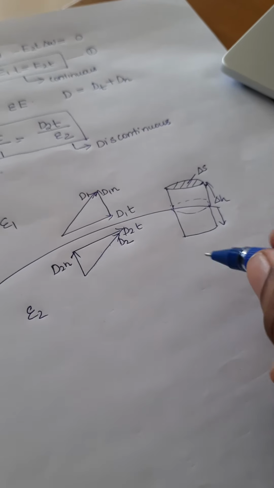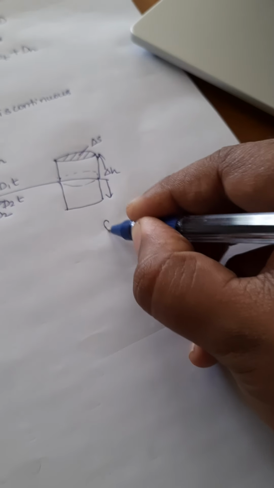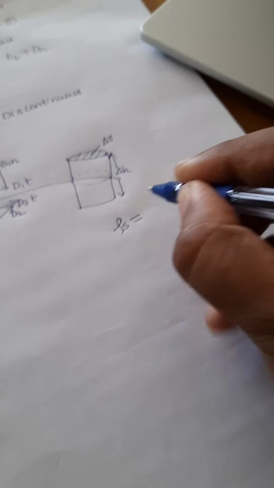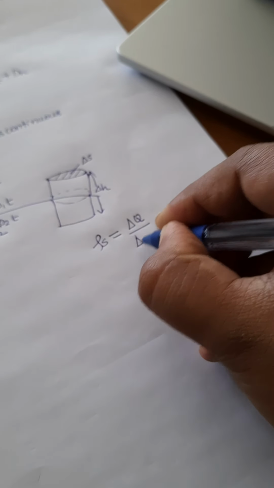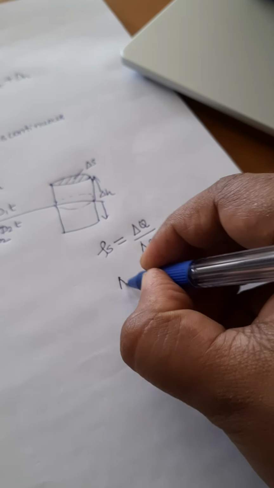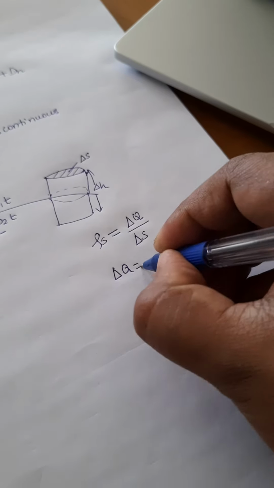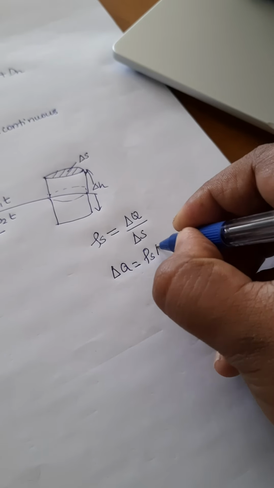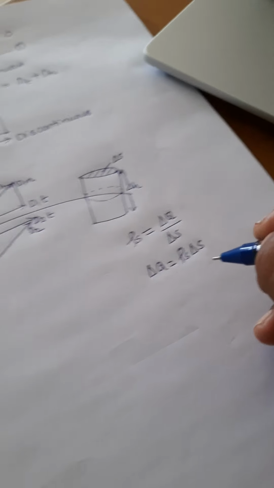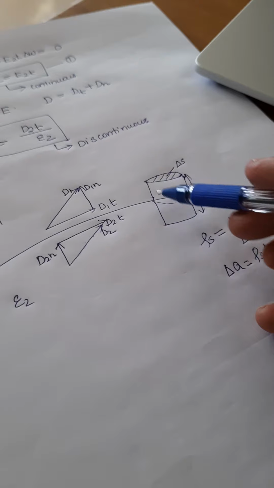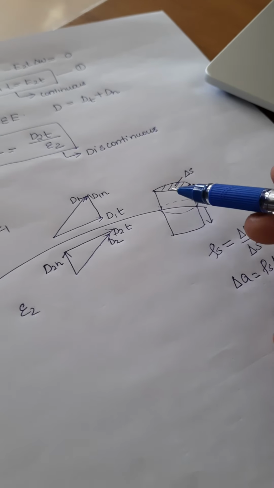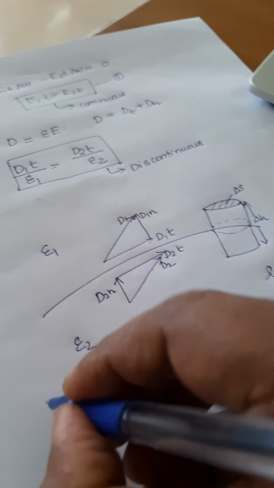We already know that charge density rho S is equal to delta Q by delta S, or delta Q is equal to rho S into delta S.